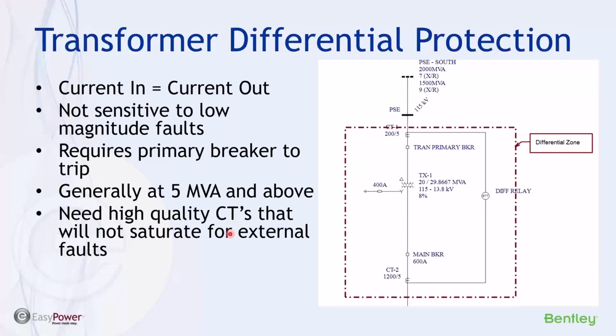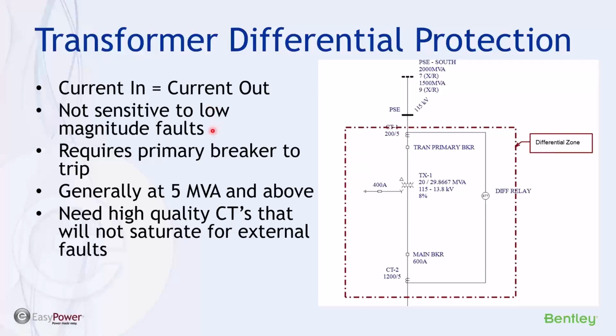And we'll talk a little bit more about transformer differential protection in a bit. But the way the relay works is that the sum total of the current in equals the sum total of the current out. And if it doesn't, then that current's going someplace and it's probably a bad route.